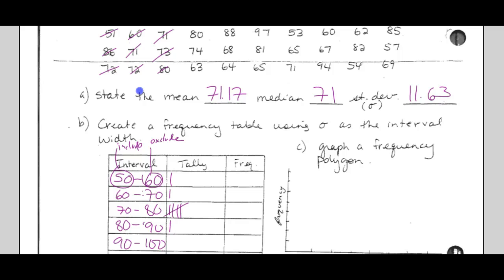Okay, 80, 80, 80, 74, 63, 88, 68, 64, 97, 81, 65, 53, 71, 60, 67, 94, 62, 82, 54, 85, 57, 69.